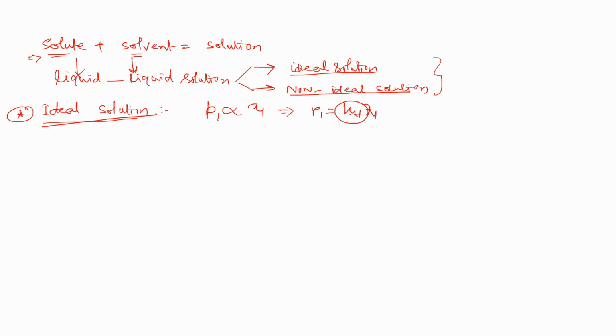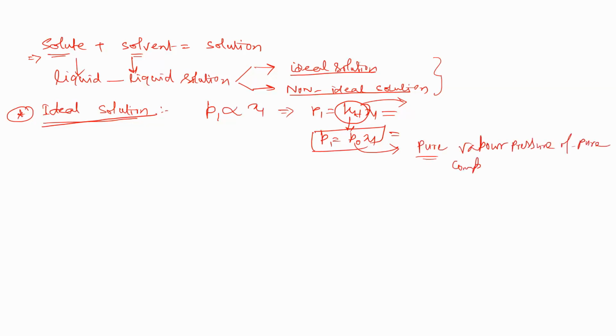But if I change that to P0 x1, then it is Raoult's law. So this is Henry's law and this is Raoult's law. For Henry's law there is the Henry's constant, and for Raoult's law it is the vapor pressure of the pure component.